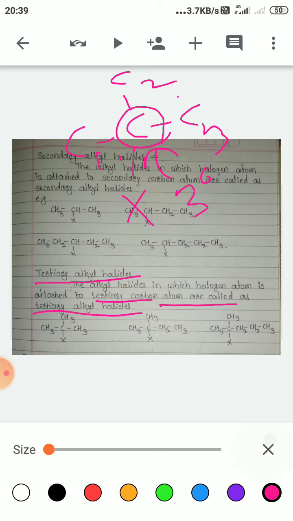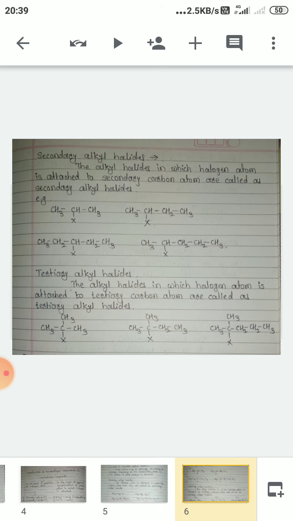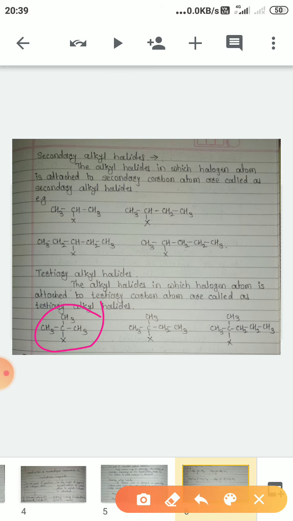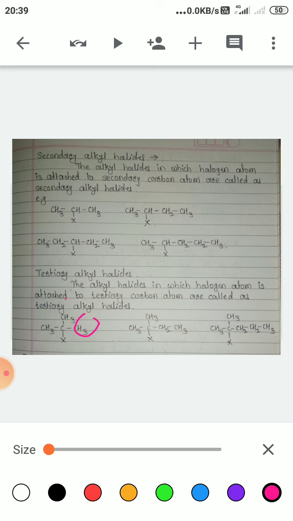Okay, now we have taken different examples here. You can see the first one, tertiary butyl halide. See, the halogen atom is attached to a carbon atom which is bonded to three other carbon atoms, this one and this one. Therefore it is a tertiary alkyl halide. Now here also we have taken a pentyl group, which contains one tertiary carbon atom.